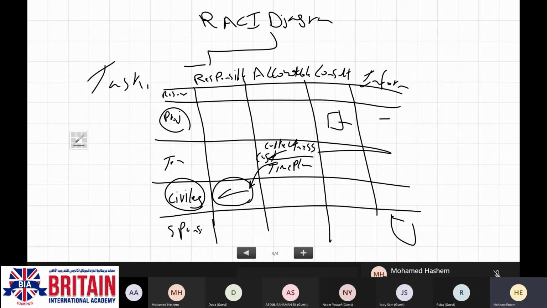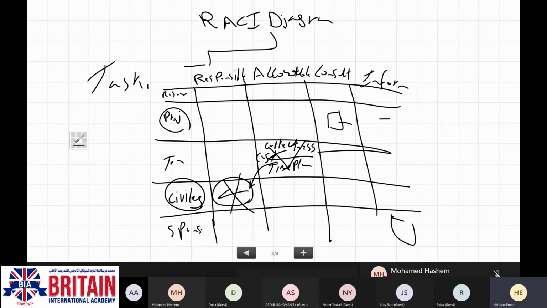But he's not going to interfere. So the RACI diagram is a part of the organization structure, and it is part of the resource management plan.